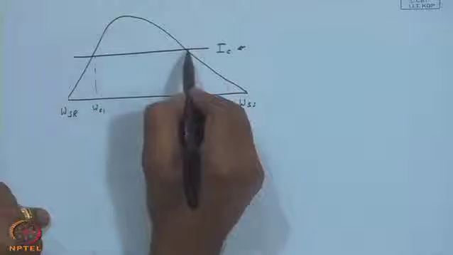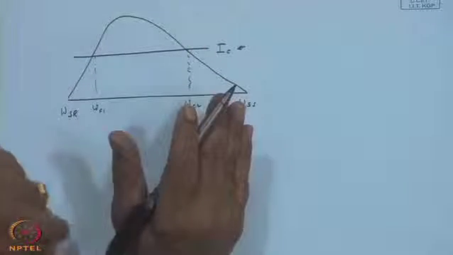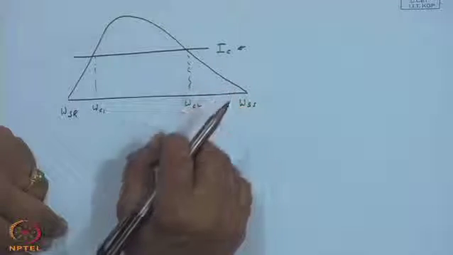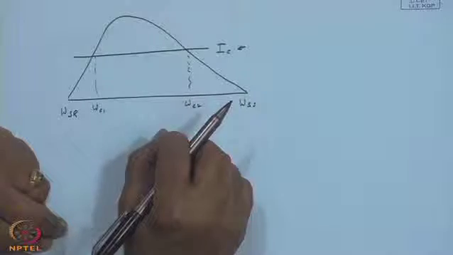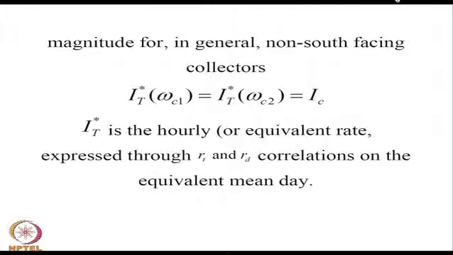So, in this zone is IT star always greater than IC by our definition, because IT star is the solar radiation on the average day of the month, okay, excluding those days with a clearness index lower than a KT minimum, for which there could be always IT is lower than IC. So, this can be analytically done once you express IT star in terms of your RT and RD correlations.